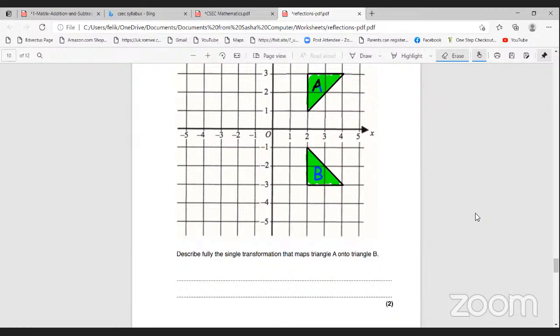If it's a translation, you're going to tell the vector that translates it. If it's a reflection, you're going to tell what reflection it is, if it's reflection in the x-axis, y-axis, or whatever it's reflected in. If it's a rotation, you're going to tell what type of rotation it is. So that's what they mean by describe. All right, so write it in for me, honey.